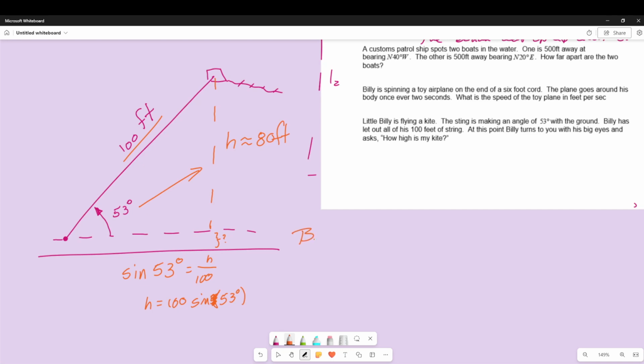So Billy, your kite is like 80 feet high. And we're very excited for Billy, so exclamation point.